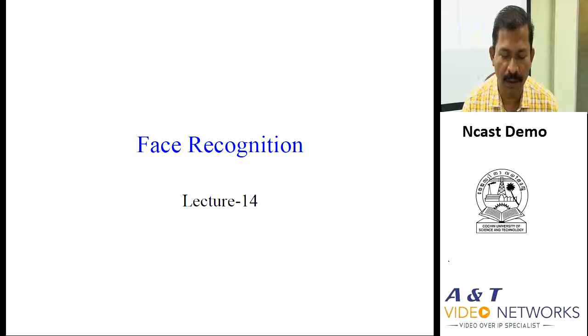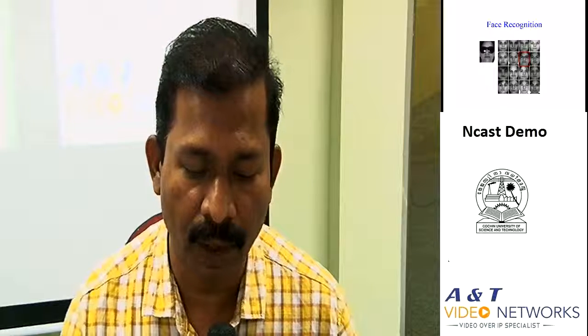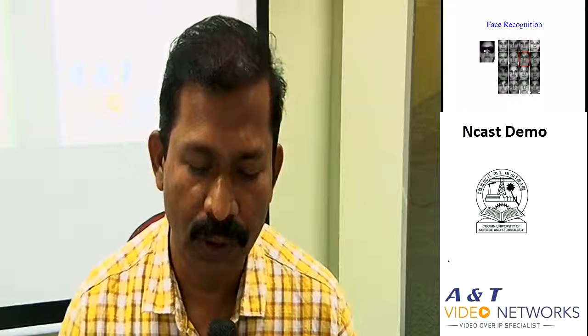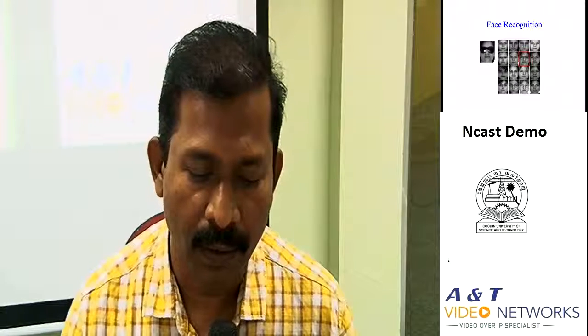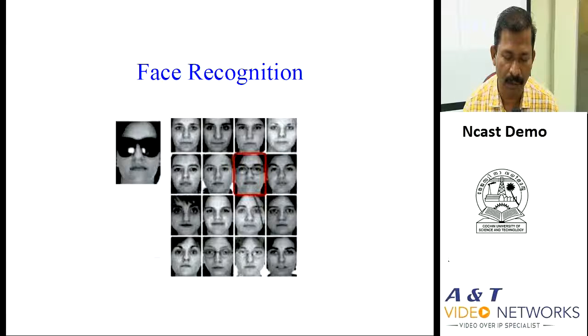So good morning. Today we are going to see another section in the computer vision course. It's on face recognition. So basically we have a huge data set given, and from that we have to identify the face of one person.